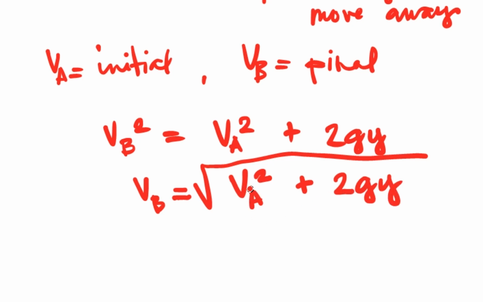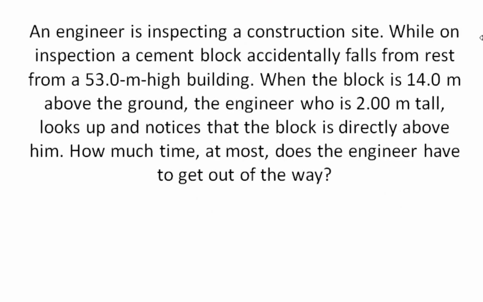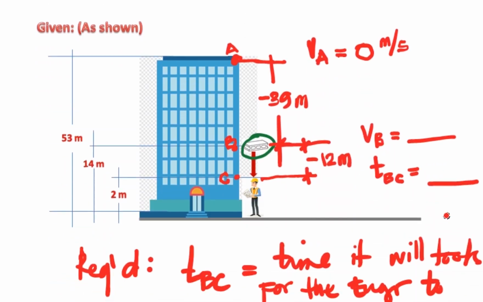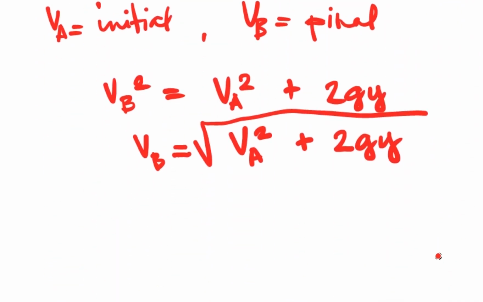But velocity A is assumed to be 0, because according to our problem, the cement block accidentally falls from rest. So the initial velocity must be 0.